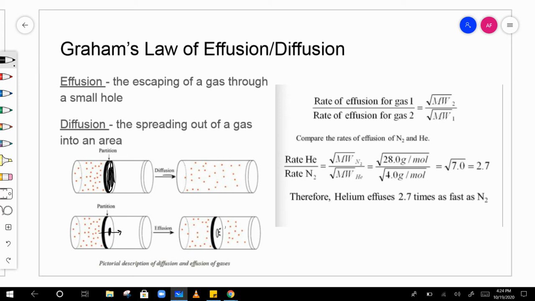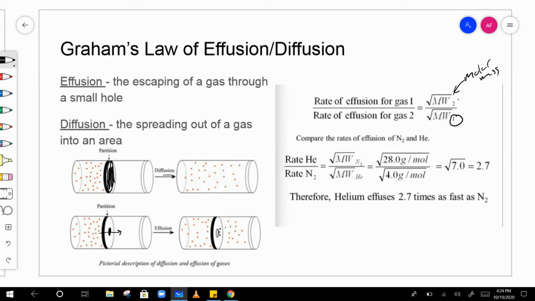Now the rates of these things are calculated the same way. The rate of effusion for gas 1 over the rate of effusion for gas 2 is equal to the square root of the molar mass of the second gas over the molar mass of the first gas.